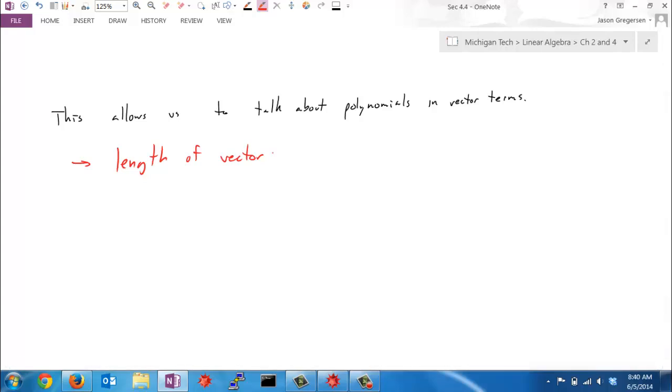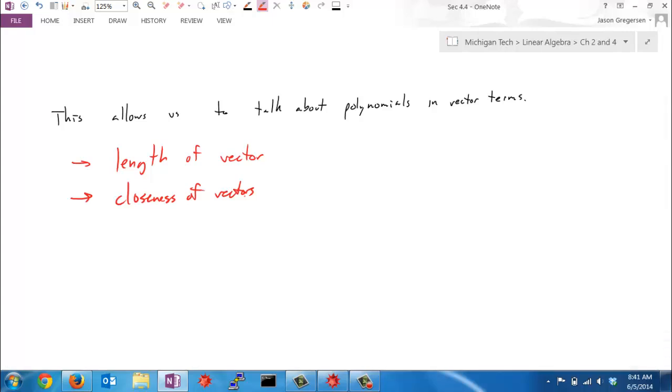We can talk about polynomials being bigger or smaller in terms of their length. And once again, that has an important meaning, whereas before we couldn't. We can talk about the closeness of vectors. If you have three vectors, you can say, oh, these two are closer than the other one. Couldn't do that before with polynomials, but now we have a way to talk about that.